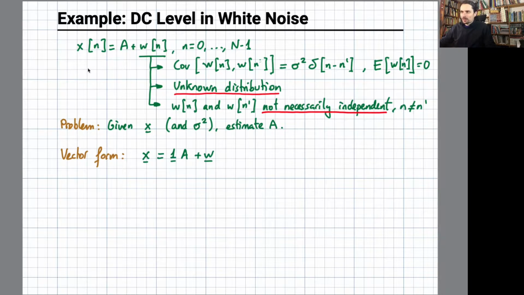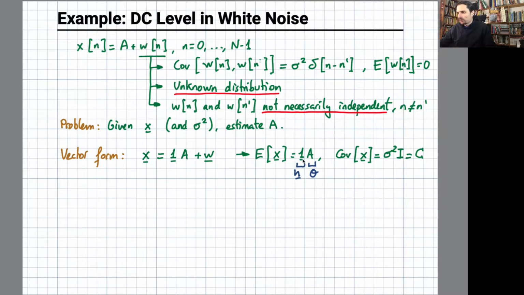For convenience, we express it in vector form, as always, okay? And to apply the blue, we need to see if the assumptions are verified, okay? So regarding the mean, we compute the mean. It is obviously 1 times A, right?